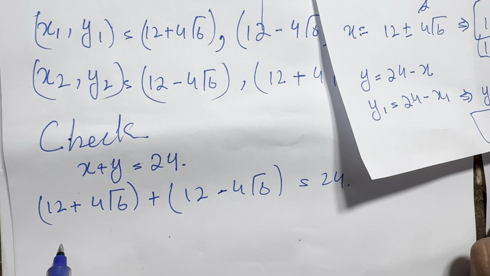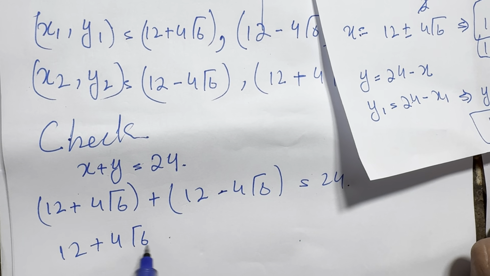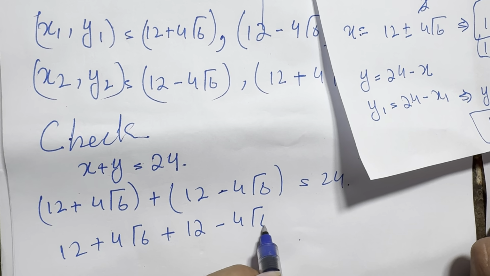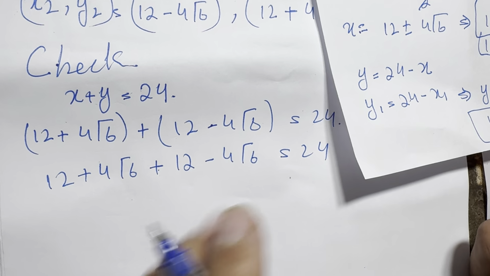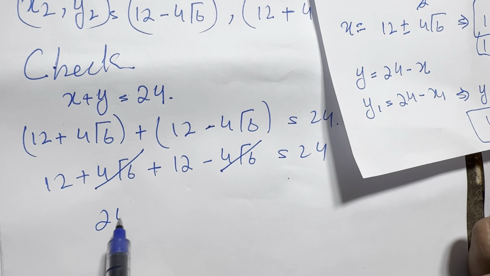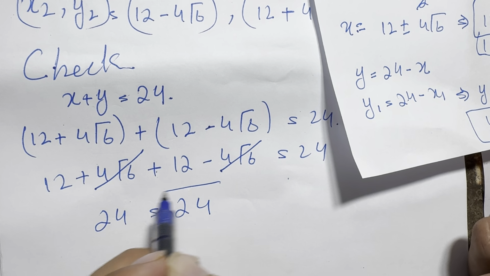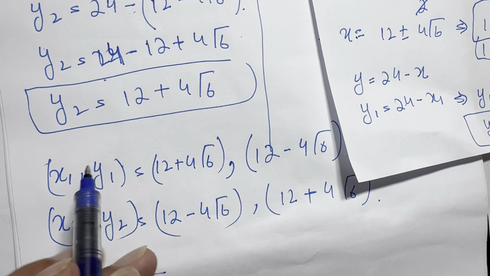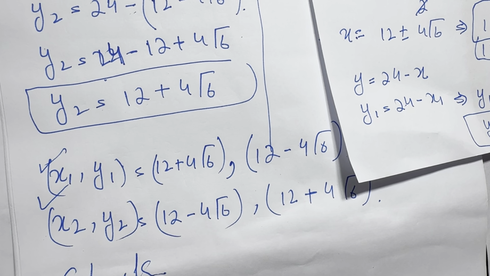So 12 plus 4 under the root 6 plus 12 minus 4 under the root 6 equal to 24. So this will cancel with this, 24 equal to 24. So it means that my answer is right. These values are right. Thank you very much.